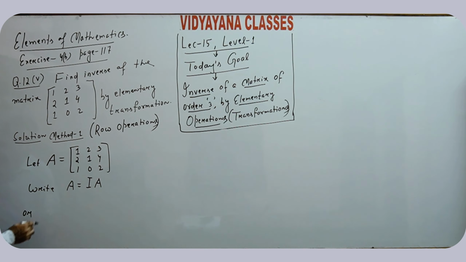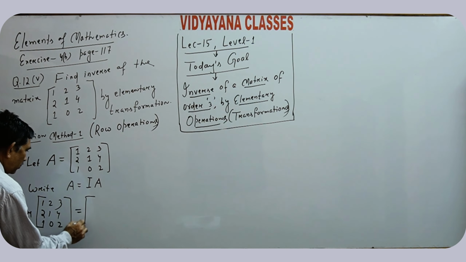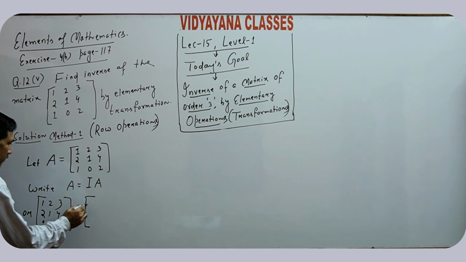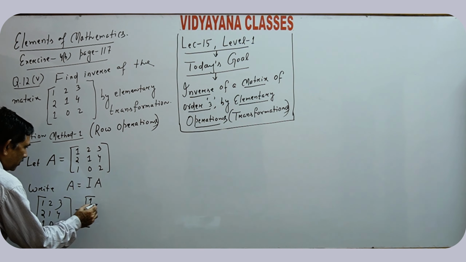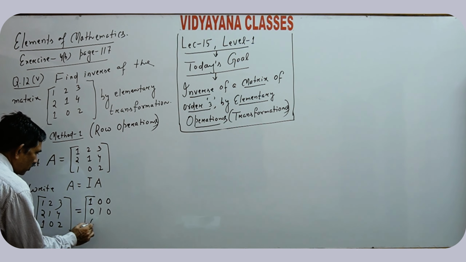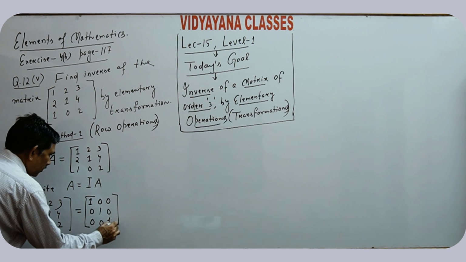So A, the matrix having elements 1, 2, 3, 2, 1, 4, 1, 0, 2, is equal to I, the unit matrix having the same order as A. So I, the unit matrix, has elements 1, 0, 0, 0, 1, 0, 0, 0 and 1, into A.